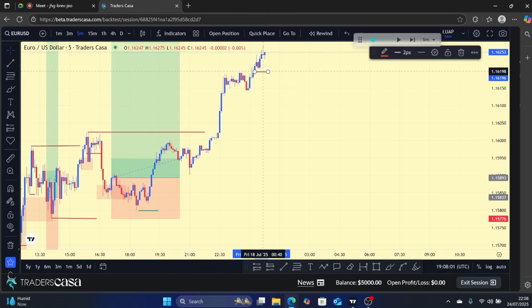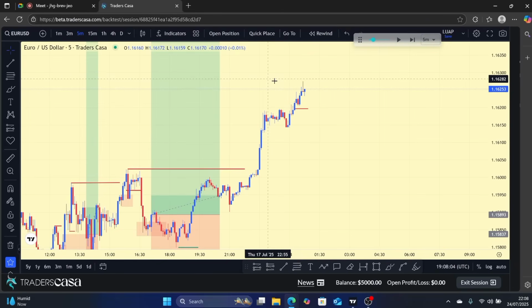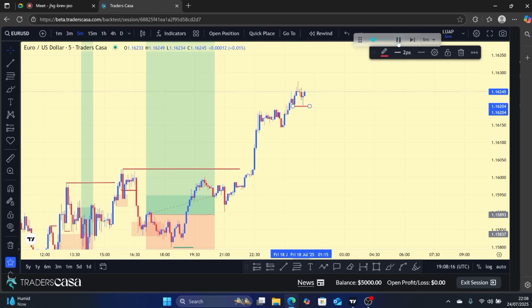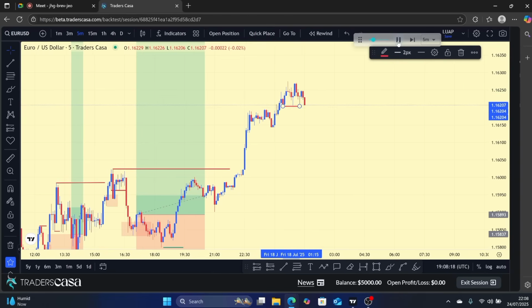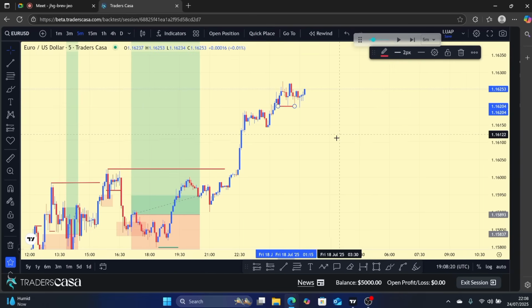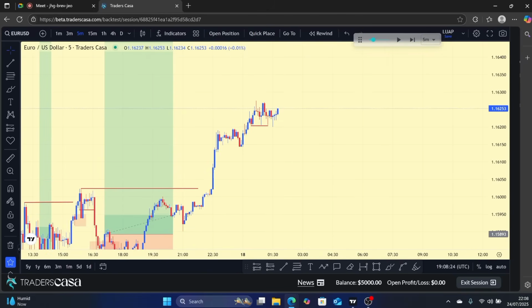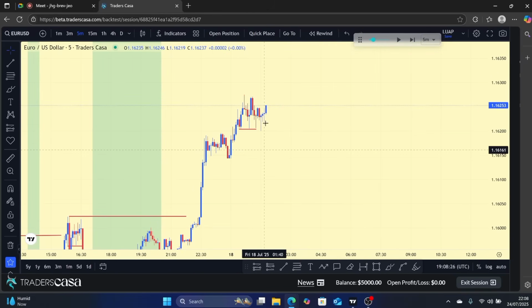So exactly right there. Right, so let's continue. Exactly right there, you can clearly see that the major inducement is actually swept by this candle, and this candle closed bullish.